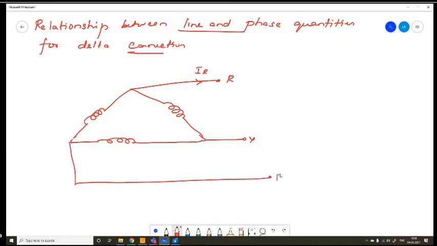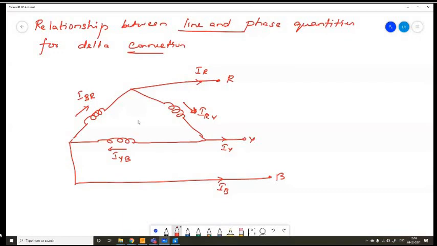And as you know, here the neutral point is not available as it was for the star connected network.